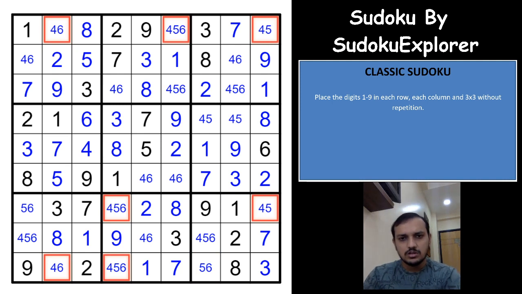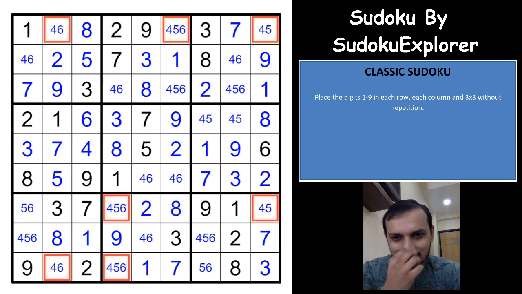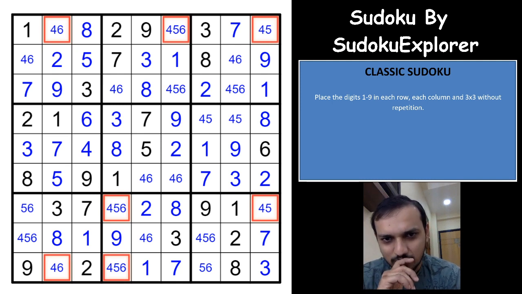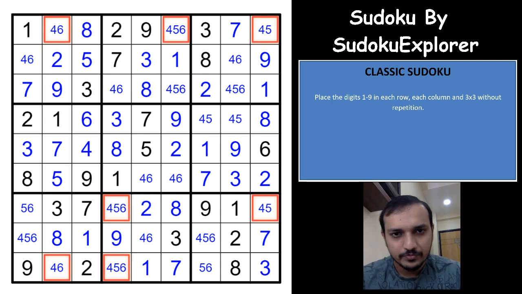Wow, you have a finned swordfish. I'm not sure what I'm seeing here, but this seems to be a finned swordfish for 4.